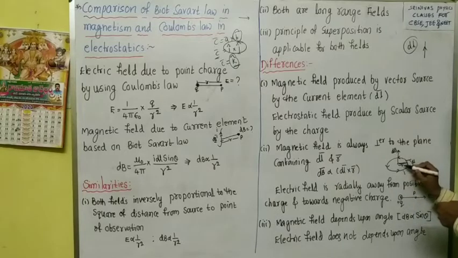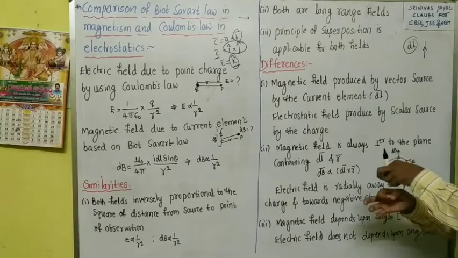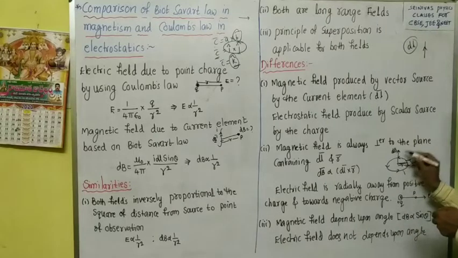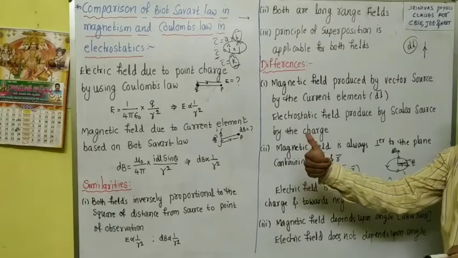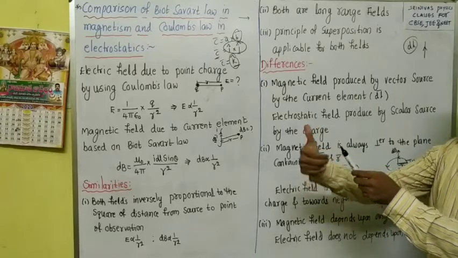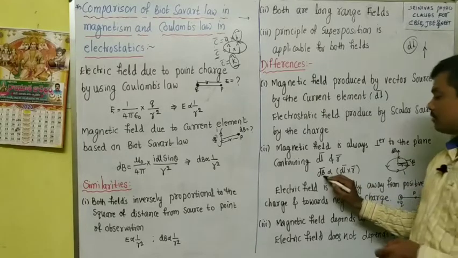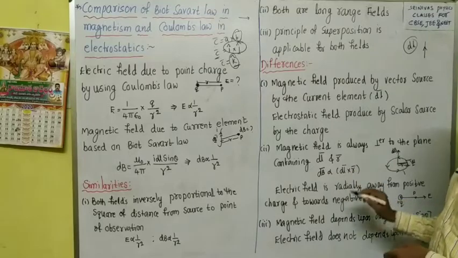The magnetic field is always perpendicular to dl and r. Here dB will be upward. Based on the right hand rule also we can find the magnetic field direction. The curled fingers indicate the current in the circular wire, and the thumb indicates the field upward. The magnetic field at the center is upward. That means the magnetic field is perpendicular to r and also perpendicular to dl. The magnetic field is always perpendicular to the plane containing dl and r.